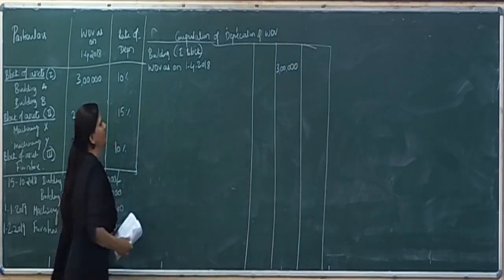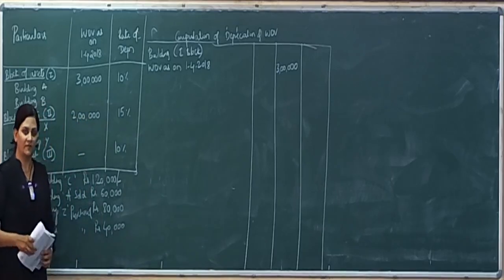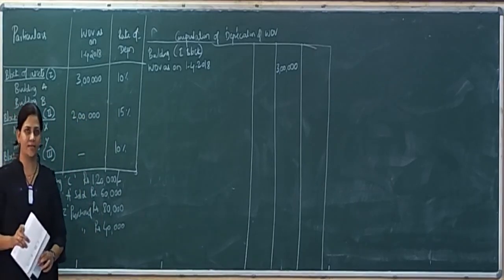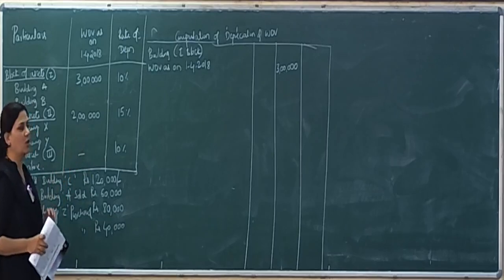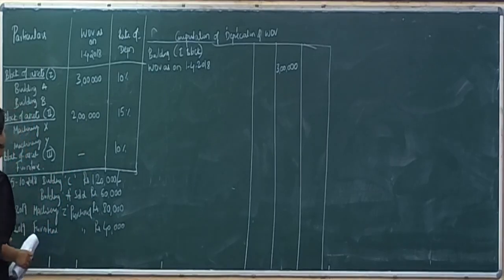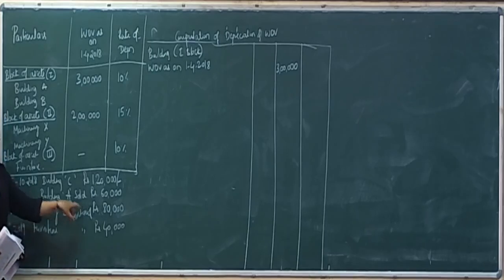After the written down value, we should always check whether there are any sales of the particular block of asset. Here we can see building A was sold for rupees 60,000.